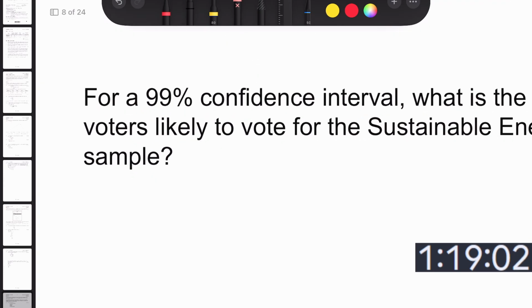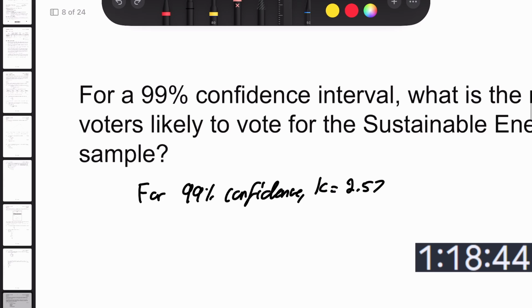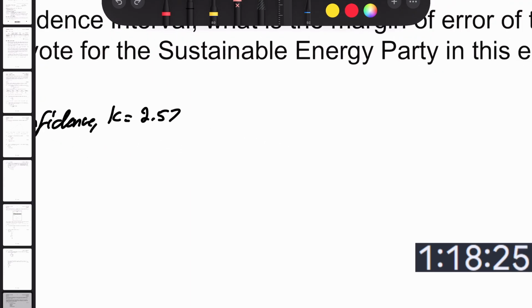Okay, so for 99% confidence, k equals 2.576. Let me check that with normal CDF, solving for the x value between negative x and x that gives 0.99. 2.576.